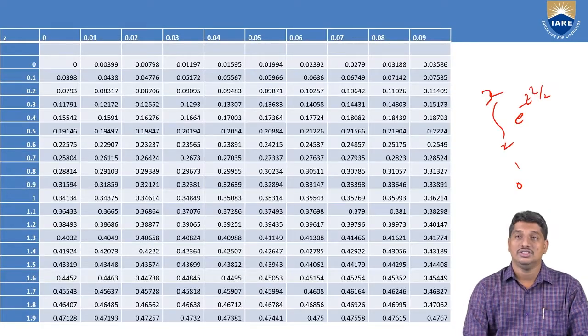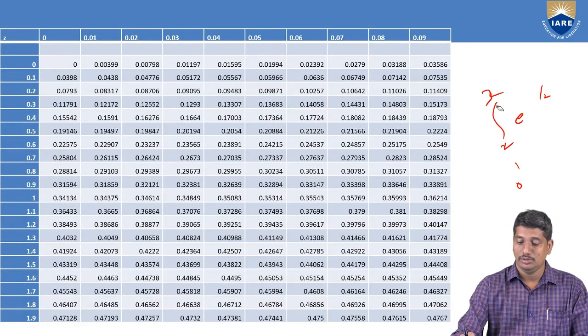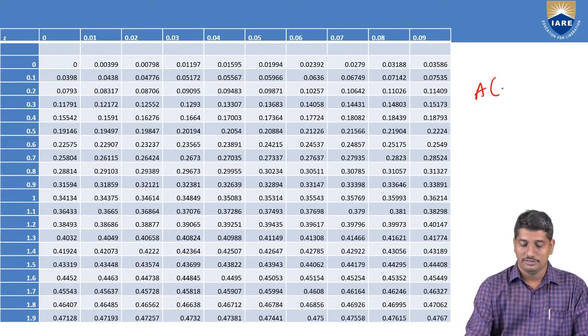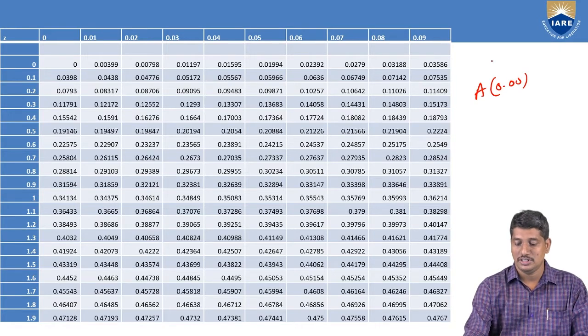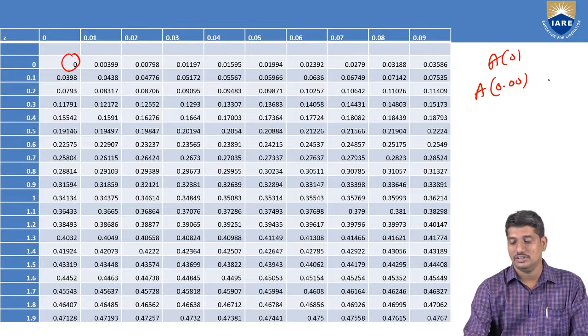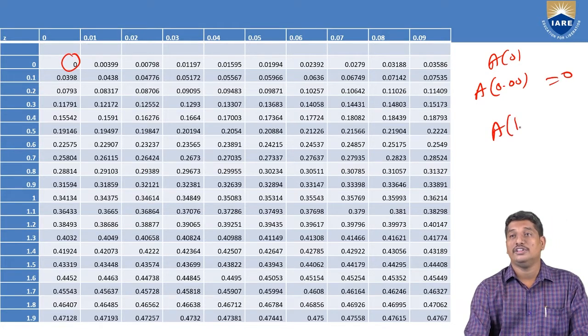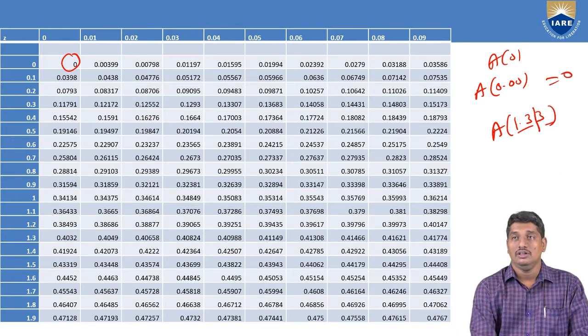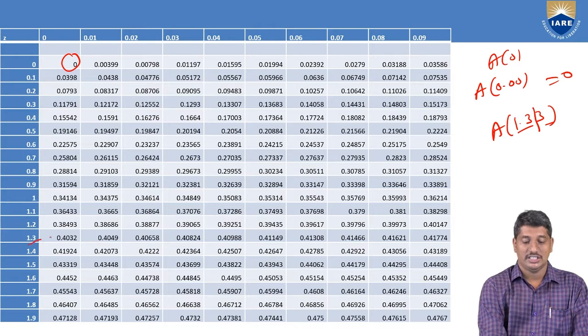So this is the table. A of 0 means A of 0.00, which is nothing but 0. A of 1.33, you have to draw a line over here. This is 1.3, this is 3. 1.3 lies here, 3 lies here.